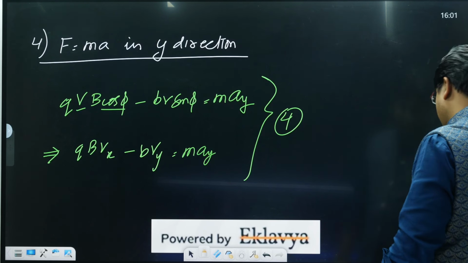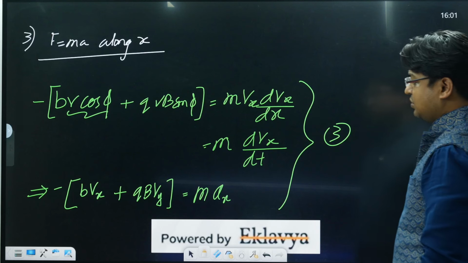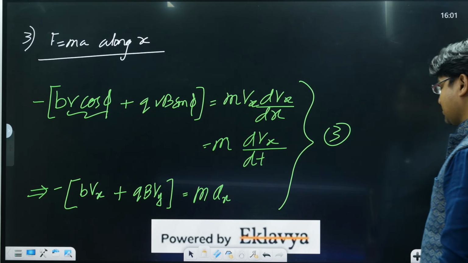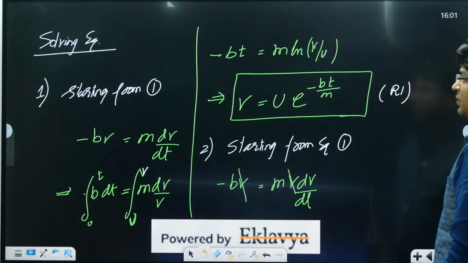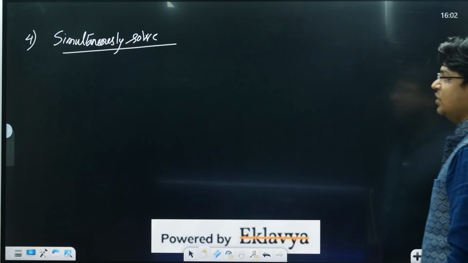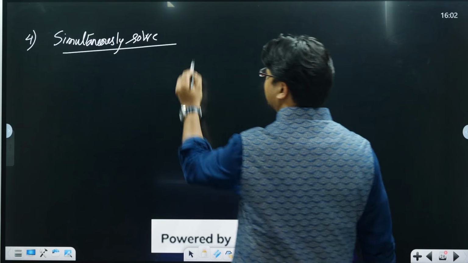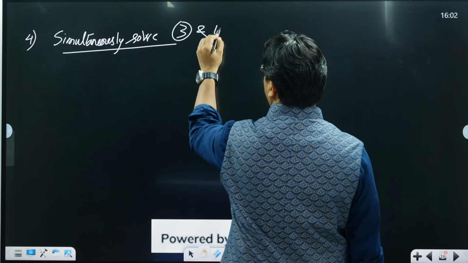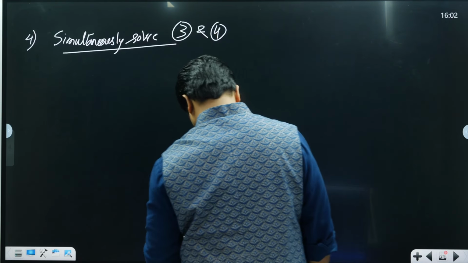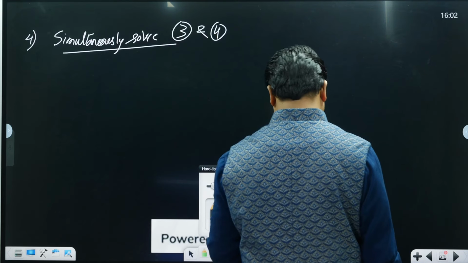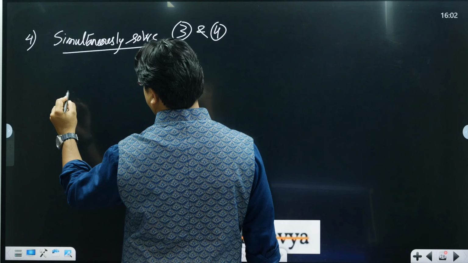I'll have to come back and check what the equations are. So my strategy is to simultaneously solve equations 3 and 4. The derivation is getting a bit lengthy, but that's okay.